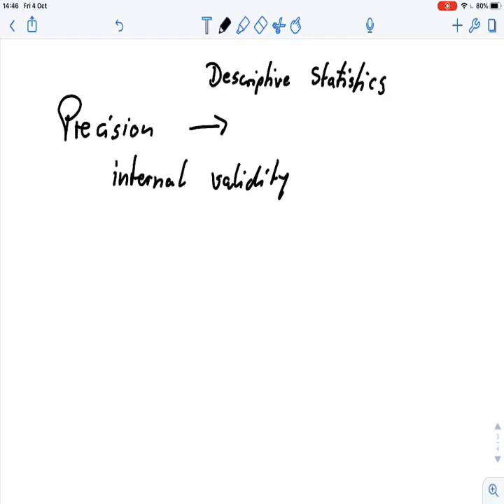For precision, what we do is we treat our data as a population. This is all the data that we possibly could ever have measured. It will tell us what is the spread, so we would use a population variance or population standard deviation and a population mean.